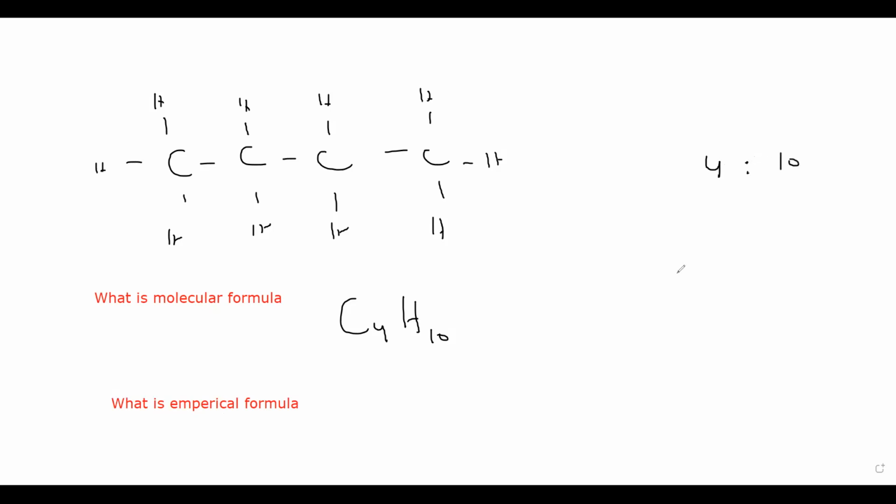To get the simplest ratio, I will divide, because 2 is a common factor, both are divisible by 2, so this will be 2 and this will be 5. So 2 to 5 is the simplest ratio. So the empirical formula will be C2H5. Is this example clear to everyone?